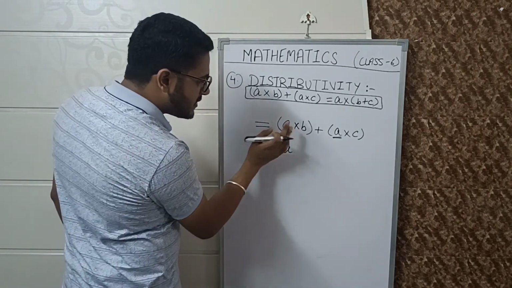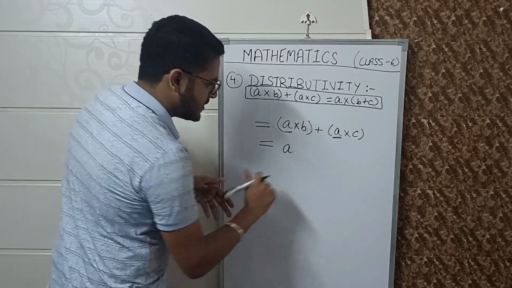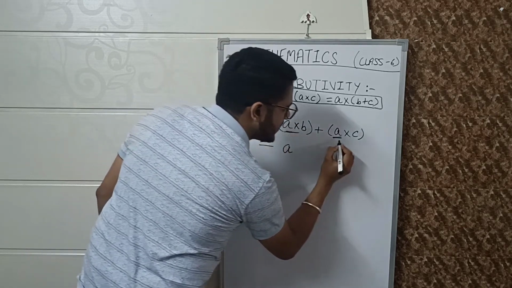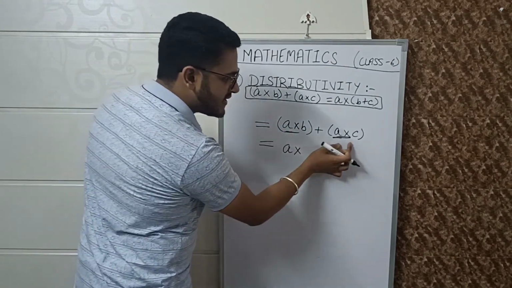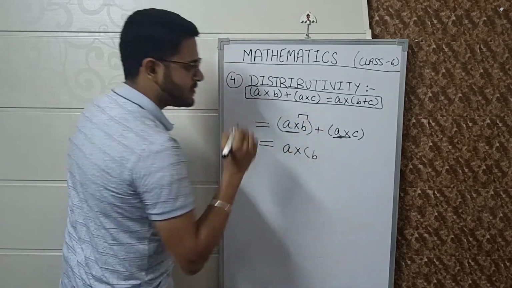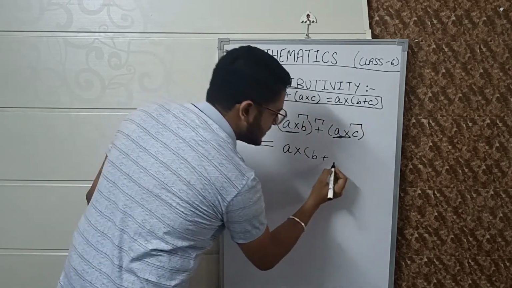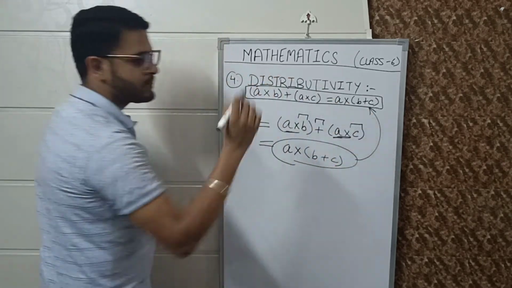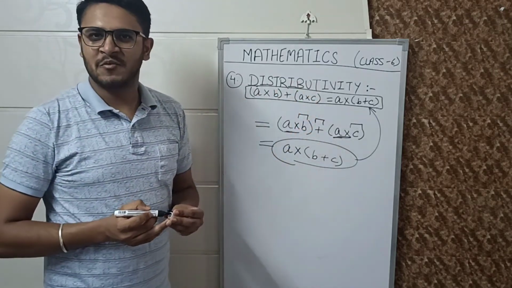If we have taken A outside, then what are we left with? B from here, and then the plus sign, and then C. This is how we can easily calculate using distributivity.